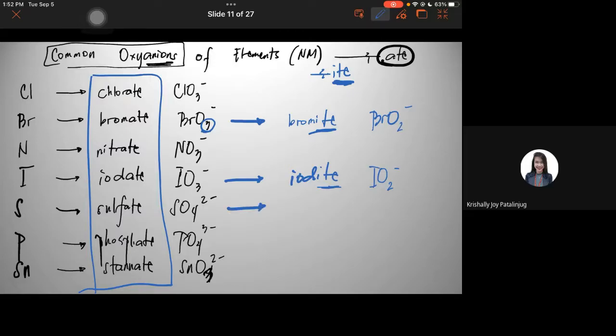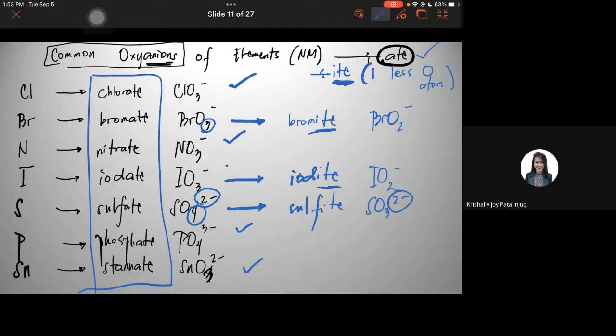To extract sulfite, one less oxygen from sulfate. So SO3 2 negative. The same charge, only the number of oxygen will change. One less oxygen atom from the ate form. That's it. So you continue the rest. Okay, in your notes, you continue filling in the information, the ite form.